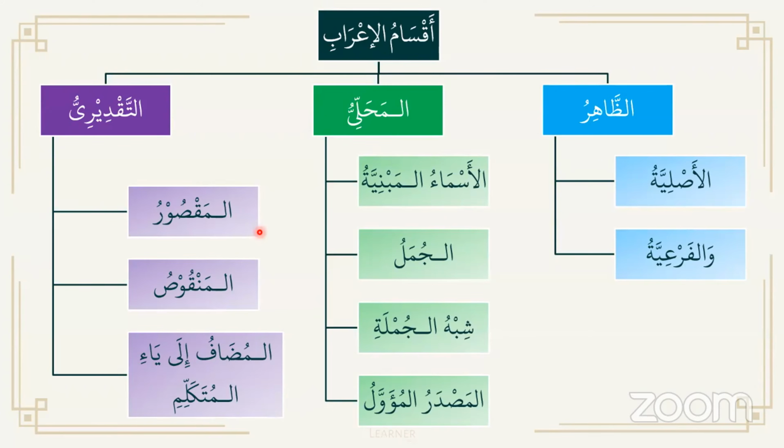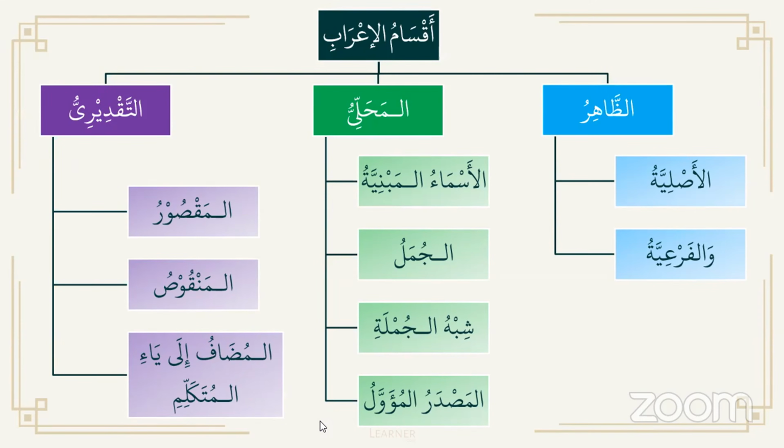Manqus are those which end with letter ya with a kasra before it. And mudafu ila ya al mutakallim: any mudaf which is attached to ya mutakallim is also in the taqdeeri. Keep this in mind. This chart is very important.